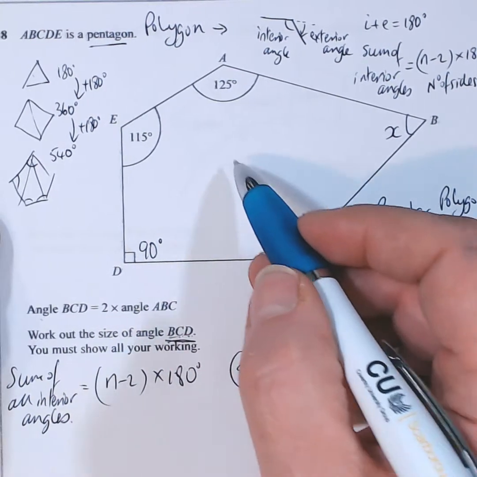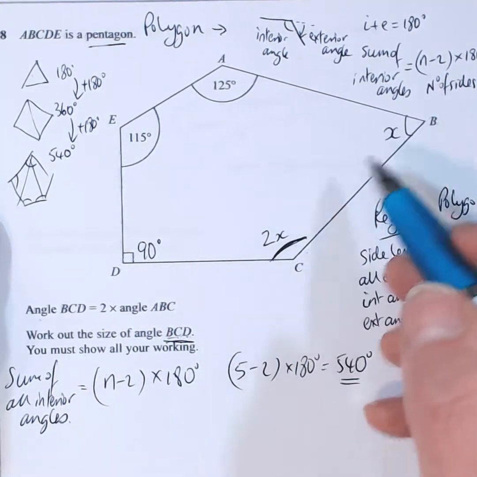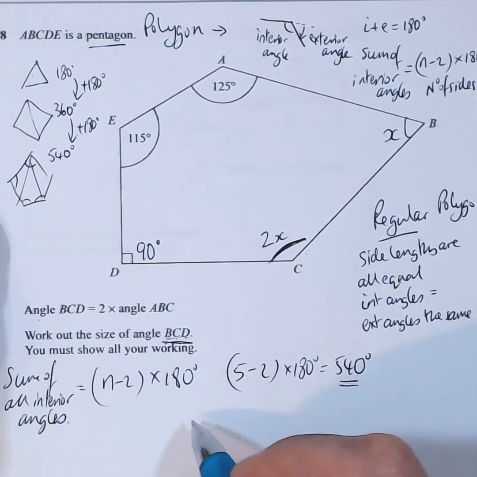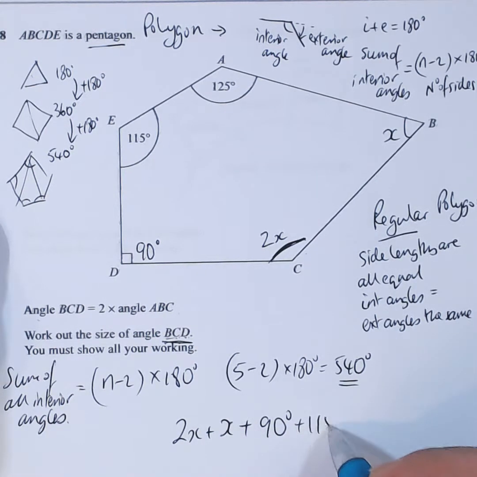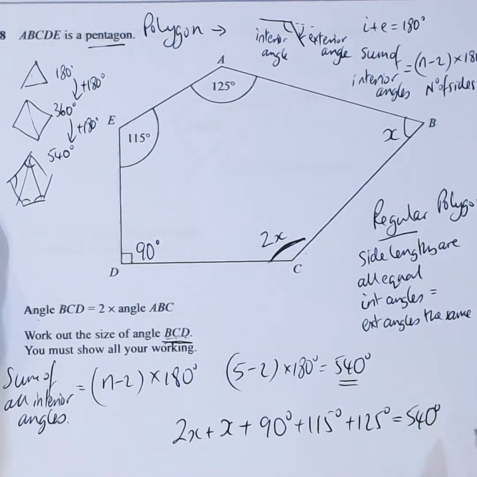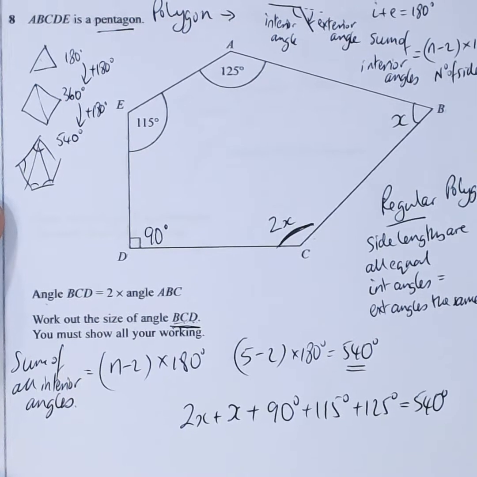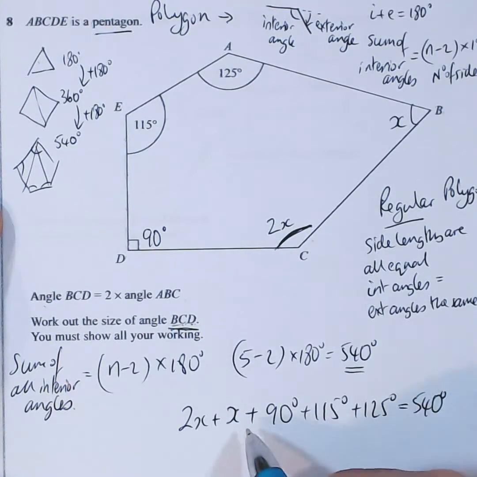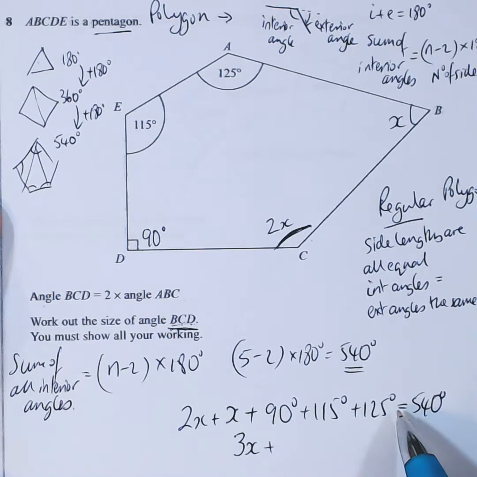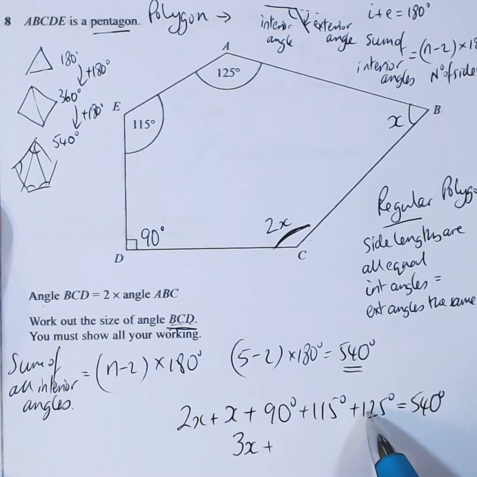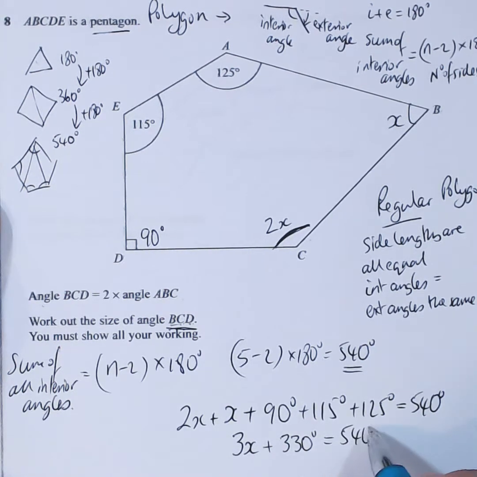So we create an equation: 2x plus 90 plus 115 plus 125 equals 540 degrees. So that's our equation. We do the usual thing, we simplify it and rearrange it to solve. We've got 3 x's altogether, and when we add up these numbers we've got 90, 205, 210, 330 degrees. So that equals 540 degrees.